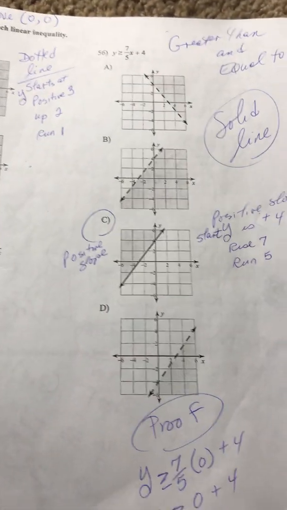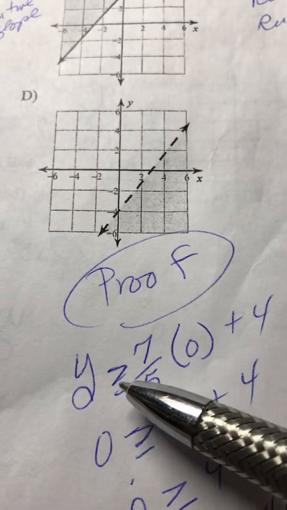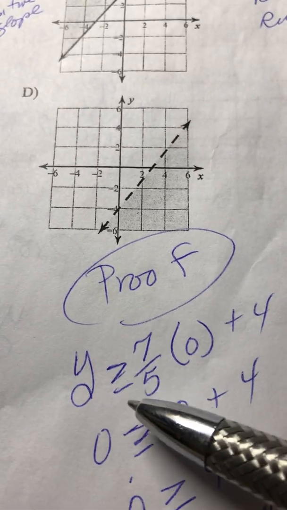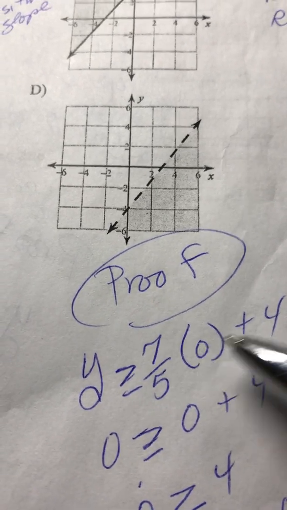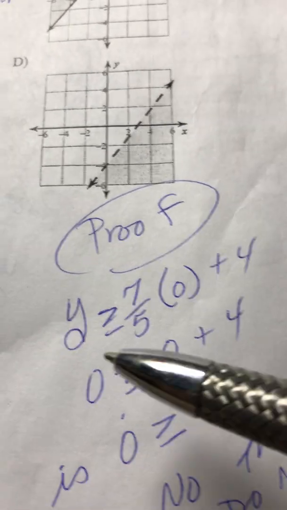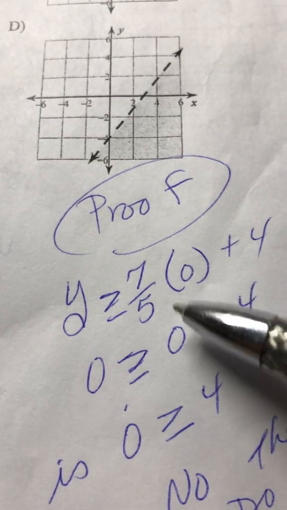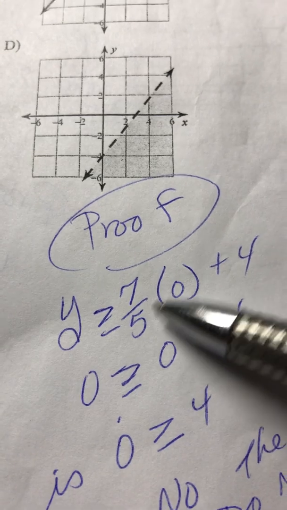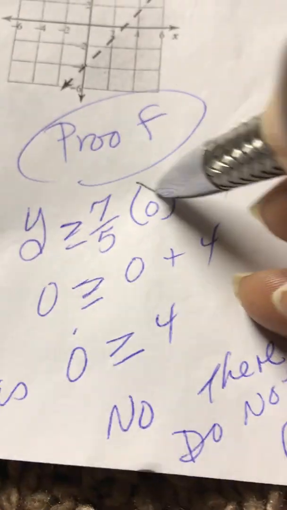Okay. My proof: the problem is y is greater than or equal to 7 over 5 x plus 4. That was the original problem. You set y at 0, greater than or equal to, and you set x at 0. Remember, this is 7 over 5x.